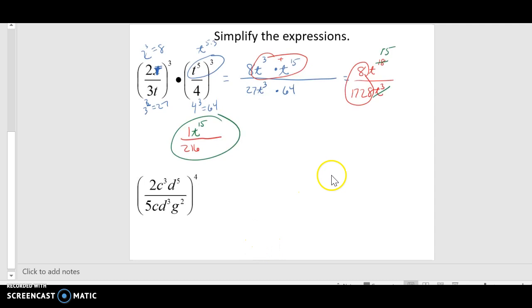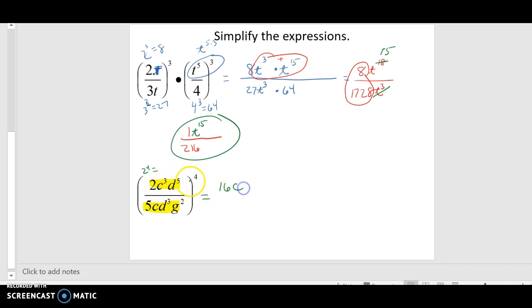All right. Now, right here, everything inside this parentheses, all of this, is going to get raised to the 4th power. So 2 to the 4th, you have to remember, 2 times 2 is 4, 4 times 2 is 8, 8 times 2 is 16. Then when I raise a power to a power, I multiply.